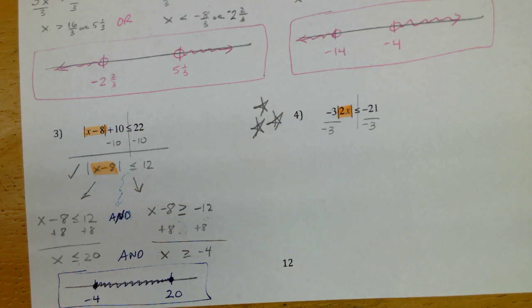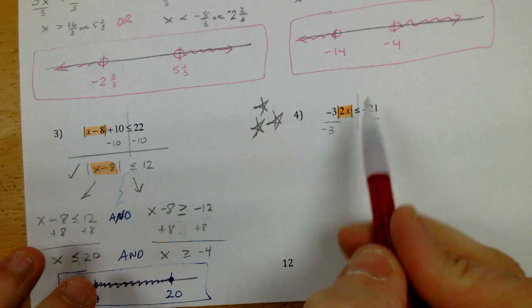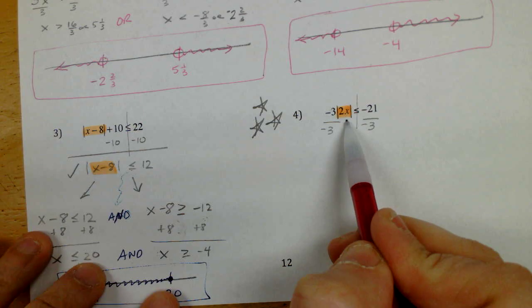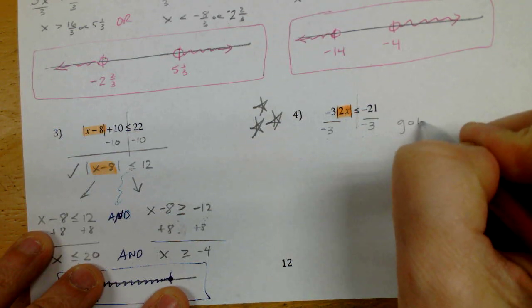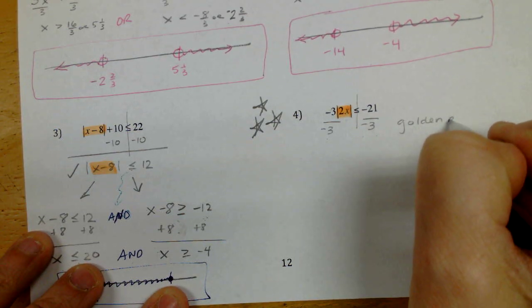Now remember, I'm only in step 1 right now. I'm not into the solving and the final solutions. I'm only in step 1, but the golden rule still applies. So when you see this, I divided both sides by negative 3. This is that golden rule.